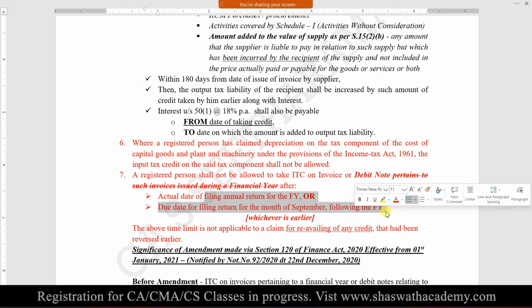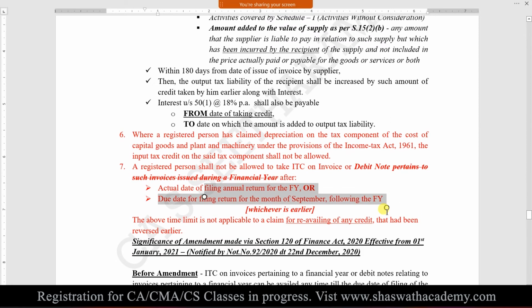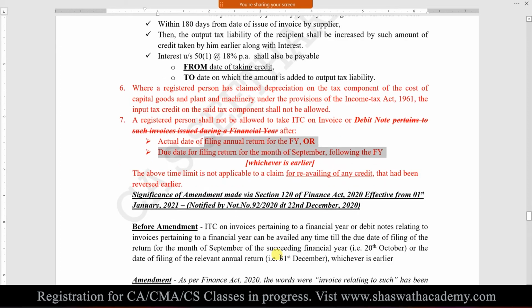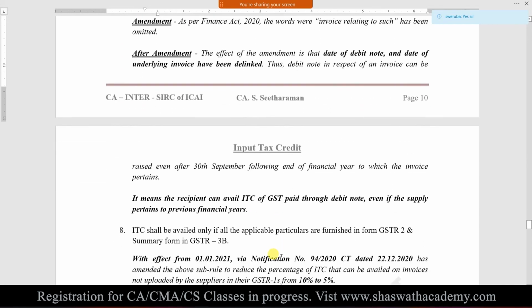No, from April 2022. It belongs to financial year 22-23. So therefore we have to take it accordingly. Is it clear, everybody? Yes, sir. Right, that's an amendment for you.